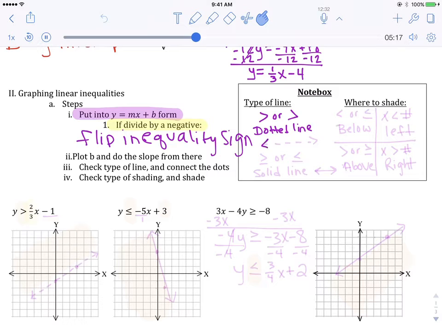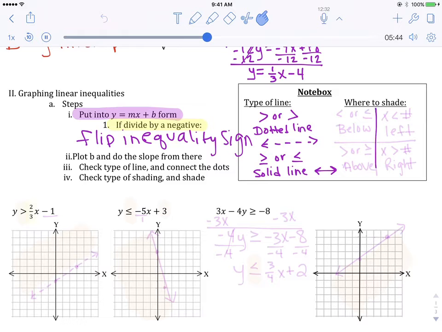So that's going to look like this. If you have your greater than or equal to sign, or less than or equal to sign, it has the equal sign, we're going to use a solid line. So that line is still going to be your standard line like we used in the first two examples.